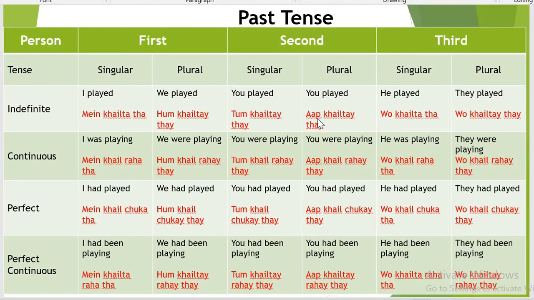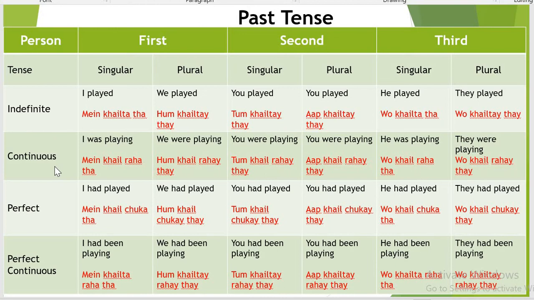And you played again. आप खेलते थे. Third person singular. He played. वो खेलता था. And plural. They played. वो खेलते थे. You can see here, instead of, as in the present tense, it was ta hai, etc. Here, tha. It has tha and the.